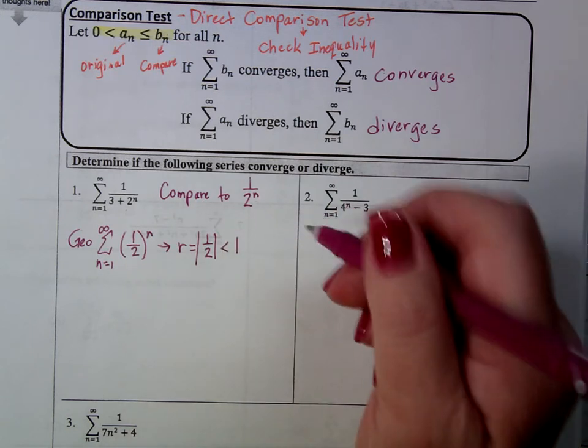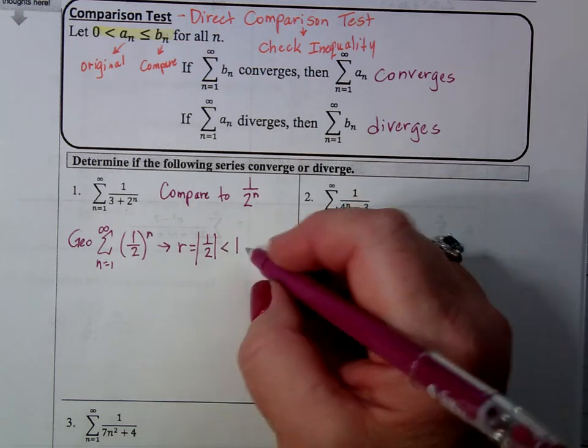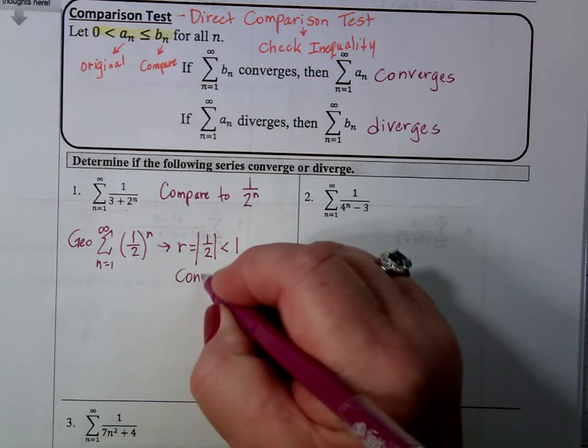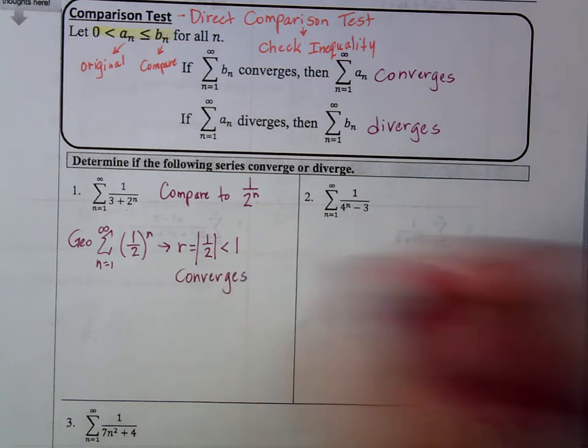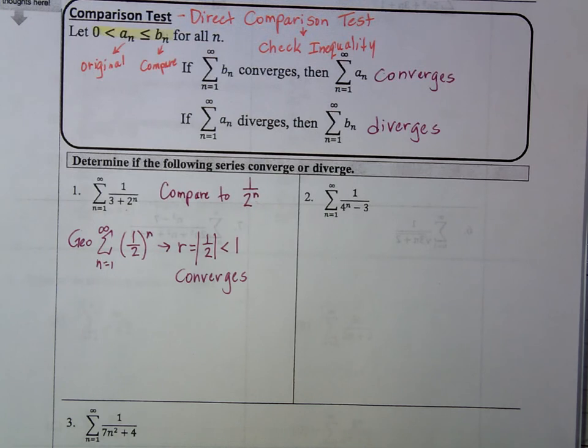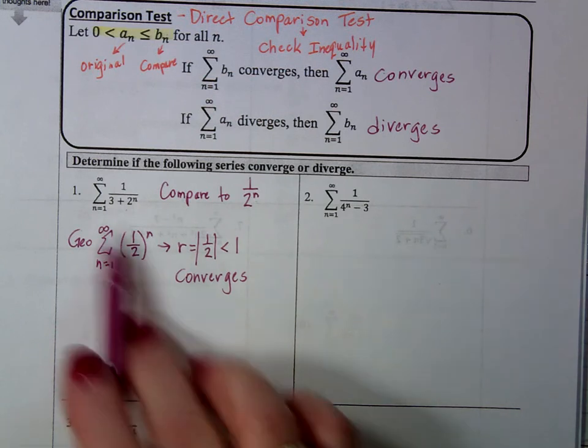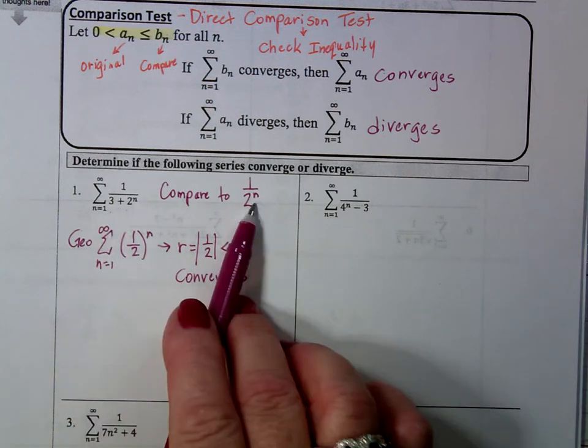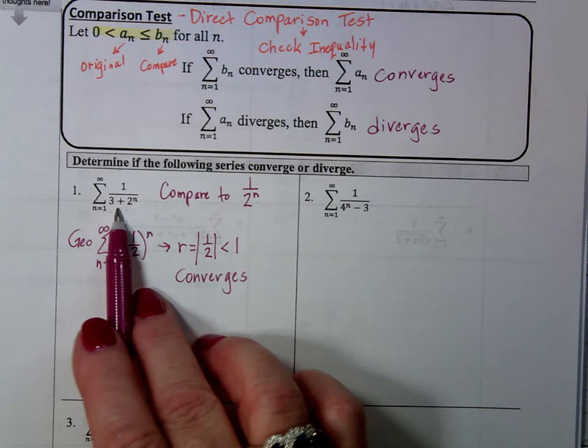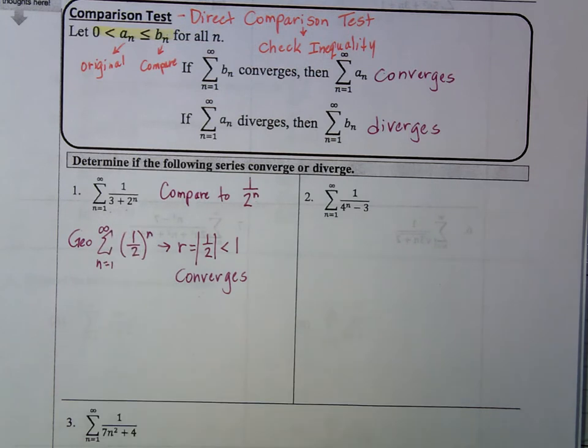And so since your r is less than 1, we know that this converges. Well, if the comparison converges, then our original would also converge, provided that the inequality is correct.